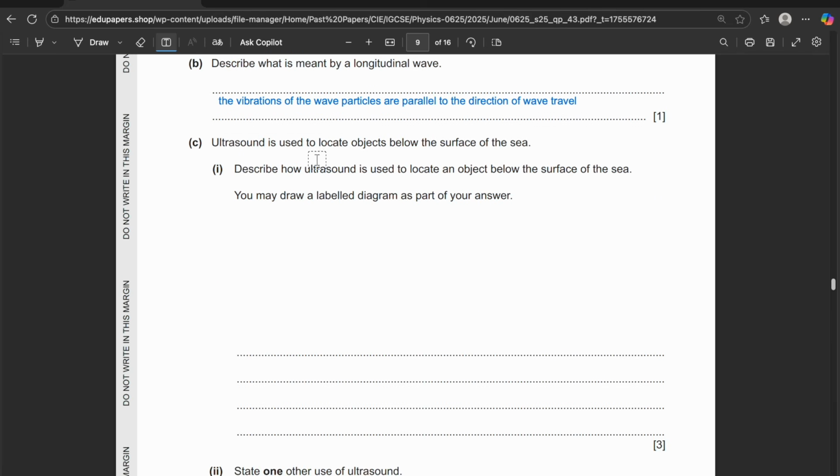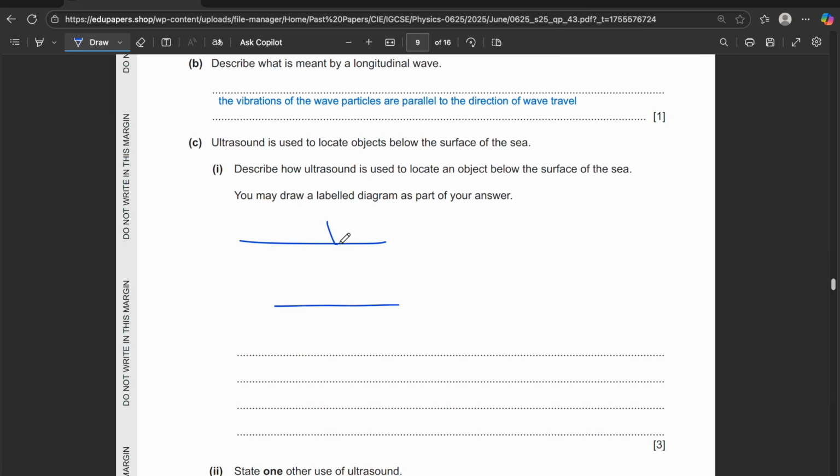C. Ultrasound is used to locate objects below the surface of the sea. 1. Describe how ultrasound is used to locate an object below the surface of the sea. You may draw a labeled diagram as part of an answer. So we use the concept of echo when we use the ultrasound.